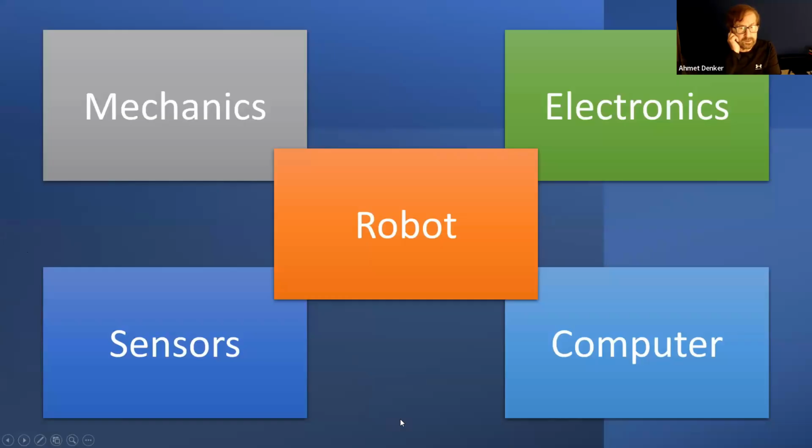So altogether, robotics is a combination of mechanics, because the robot has mechanical parts. It has sensors, it has electronics, and it has a computer. Since he did not have these sensors, electronics, and computer parts, Leonardo da Vinci could not realize his design in the 16th century.